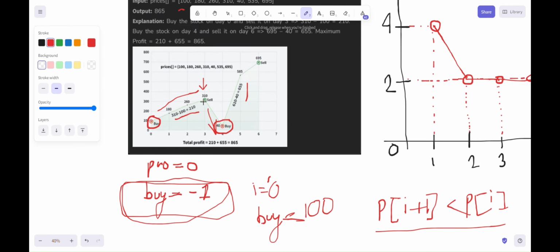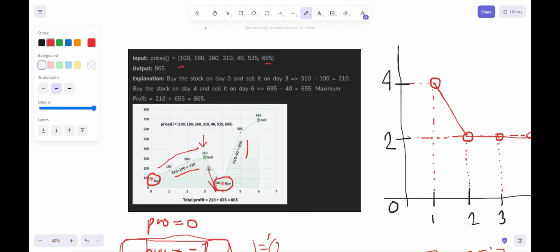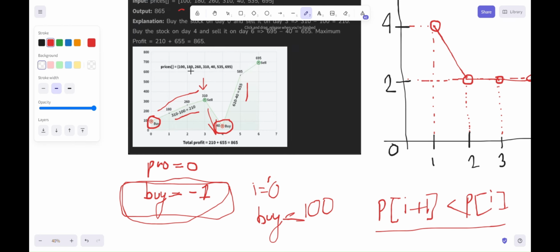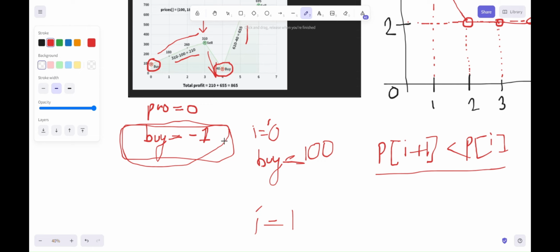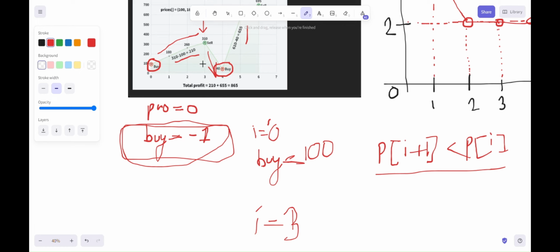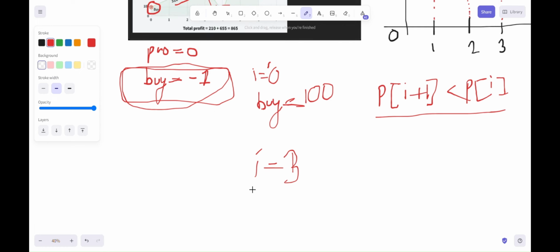This is 310. 310, yes, and we will check, it is smaller than the current element. It is smaller than the current element, so we will sell. So at i equals 3, this condition will be met and we will sell this.